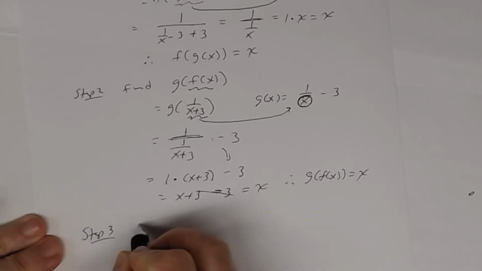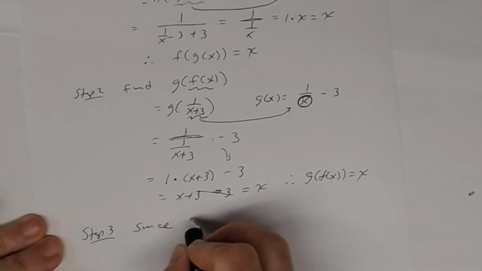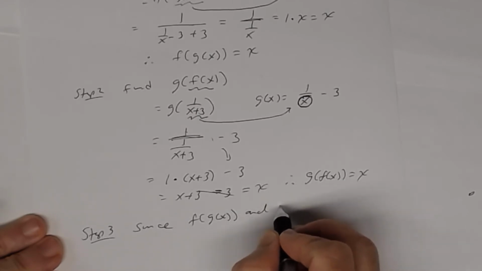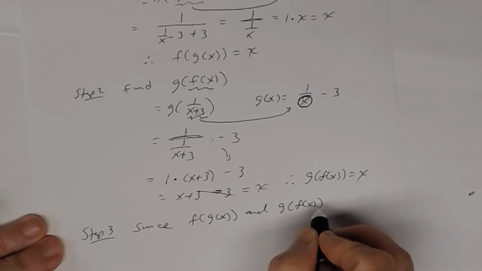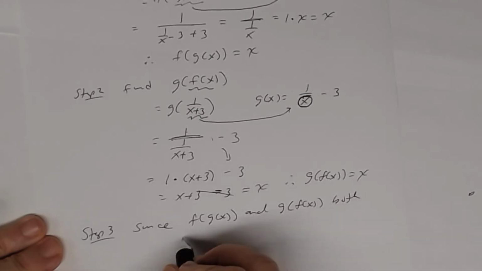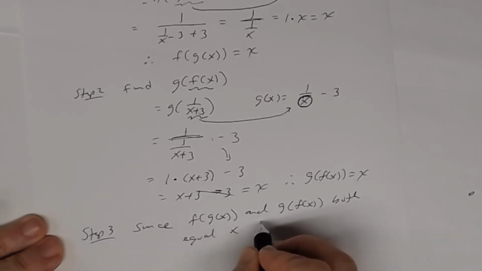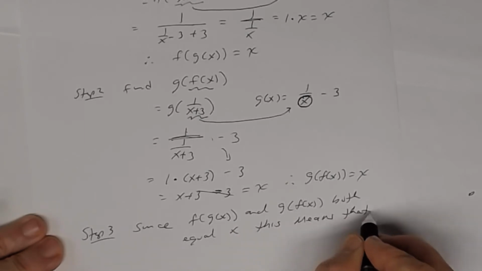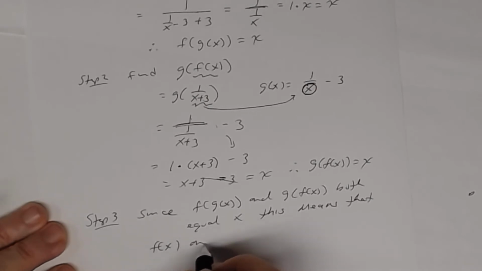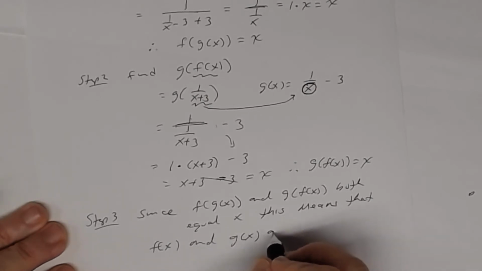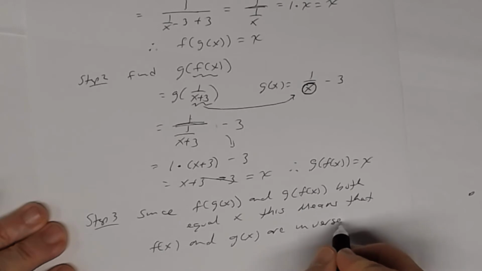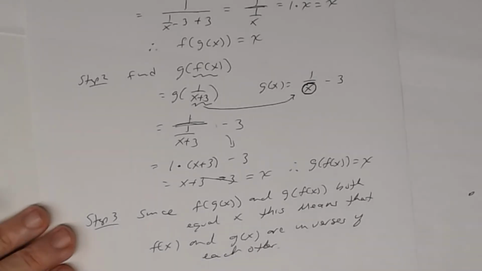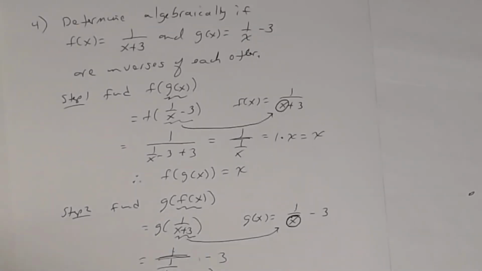Step 3, since f of g of x and g of f of x both equal x, this means that f of x and g of x are inverses of each other. And you see, it's not a difficult process.